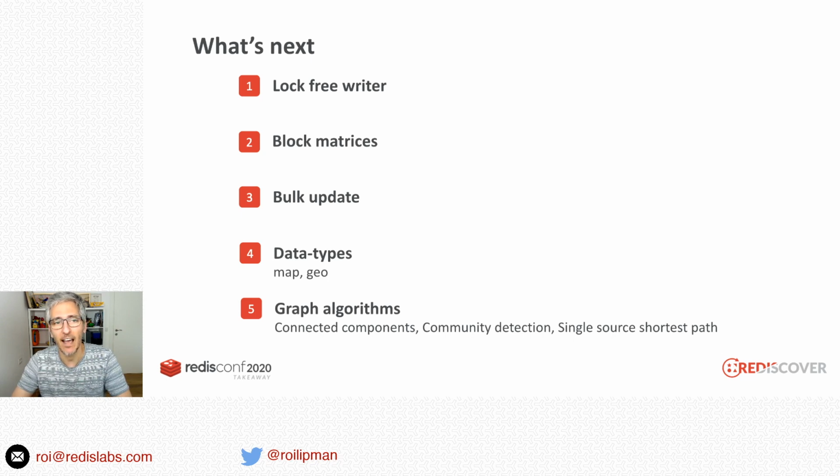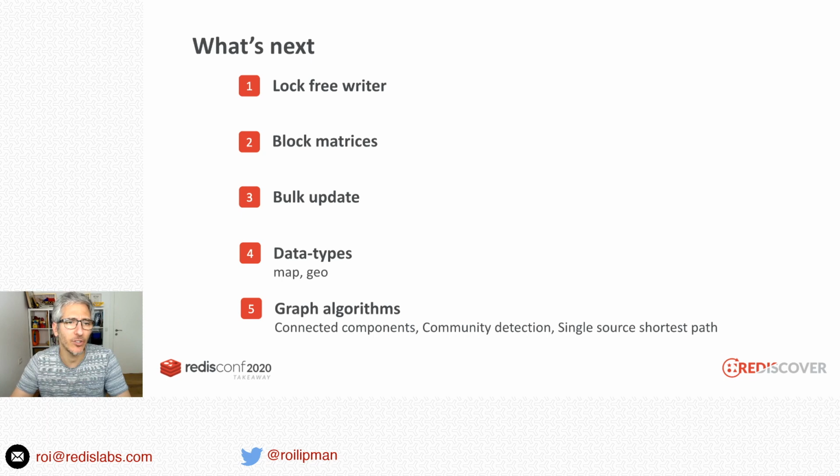You can even have a single writer running in parallel with those read queries up until the point where the write query is actually modifying when it is committing the changes that it wants to apply. At which case, the writer would have to acquire a write lock, which means that no reader can execute. And so with a lock-free writer, we can have both multiple readers and a single writer all running concurrently without any contention.